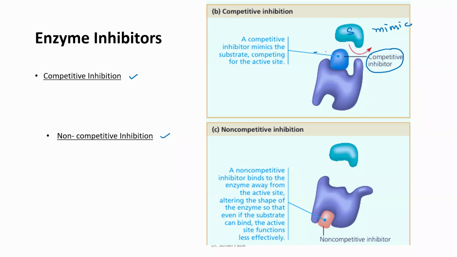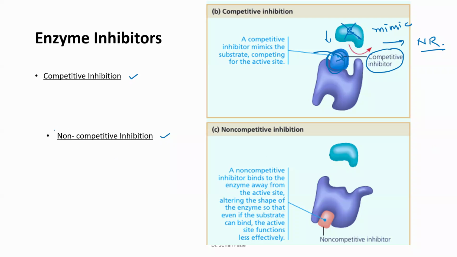The inhibitor will come and bind to this place before your substrate comes. So now your active site is blocked, there is no space for the substrate to combine. As a result, no reaction, and it won't be able to further increase the rate of reaction because the substrate is not going to bind to the enzyme.